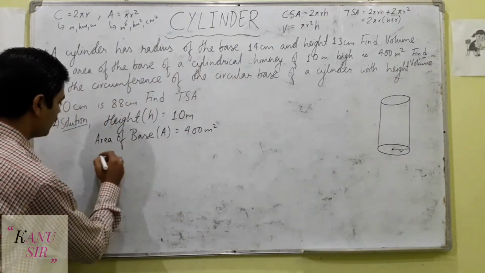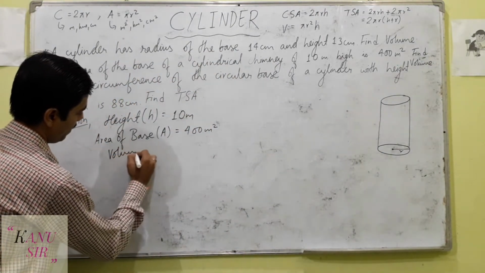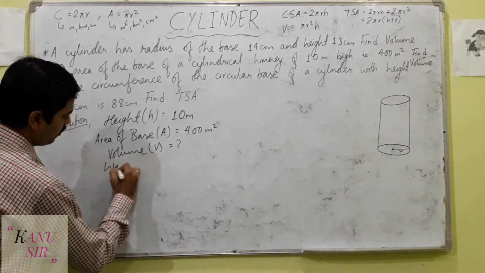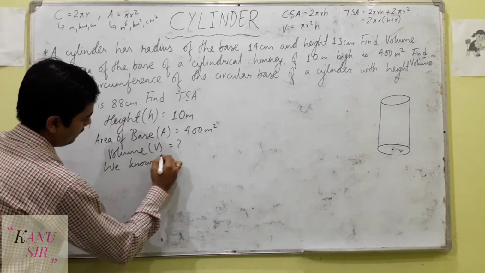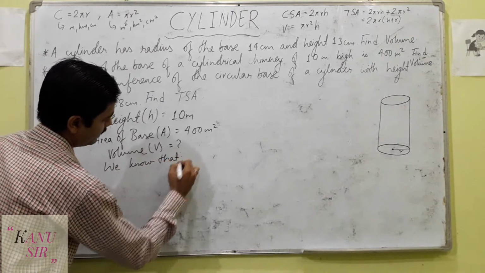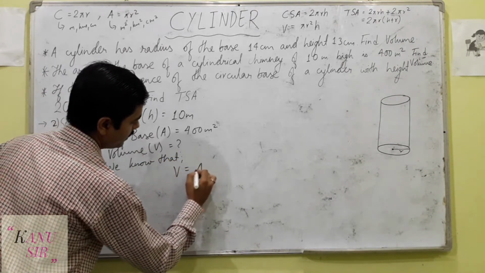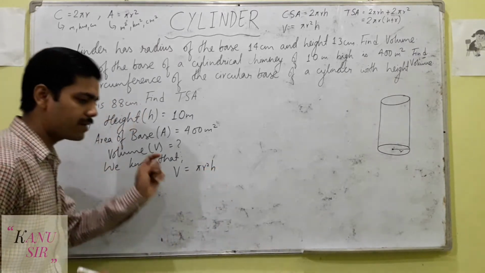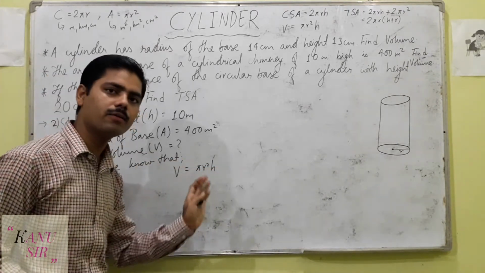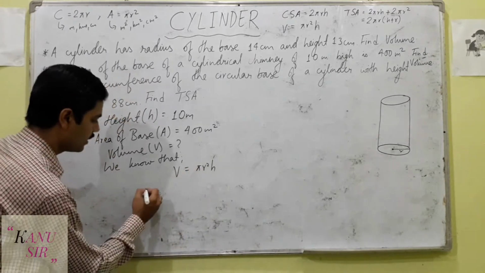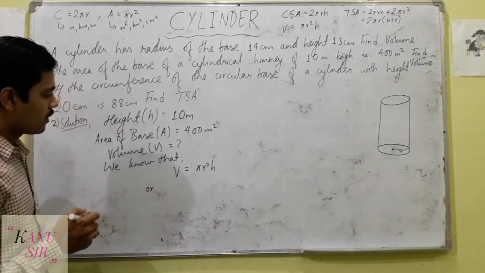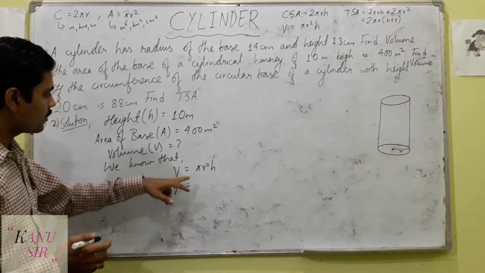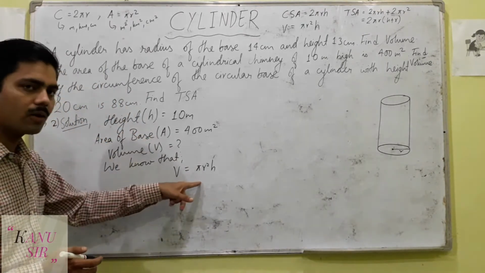Very simple. Volume V equals what? We know that volume V equals pi r square h, because I told you, we always have to stick with the same formula. Now, after we have stuck to the same formula, we must be able to manipulate the values in the formula.